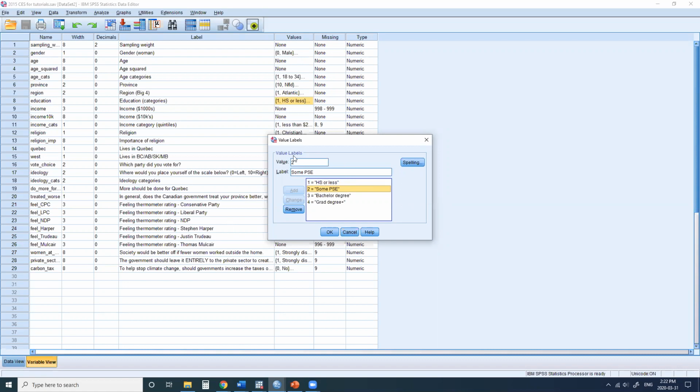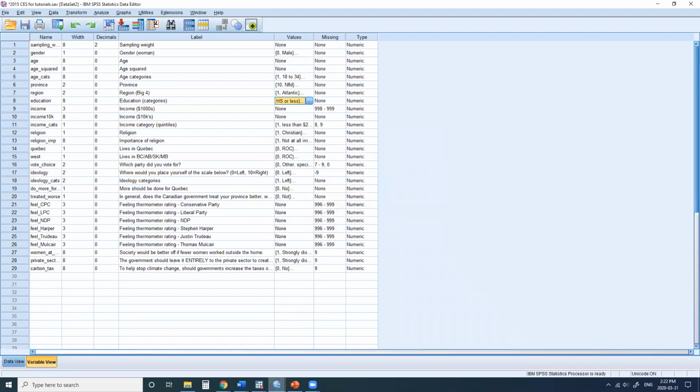It includes anyone who has a trade certificate, a 1-year certificate, a 2-year college diploma, or started university but has not finished. 3 means they've completed a bachelor degree, and 4 means they have completed more than a bachelor degree. So maybe they have a master's degree or a professional degree, like a law degree, a teaching degree, a medical doctor degree, or a PhD, that sort of thing.